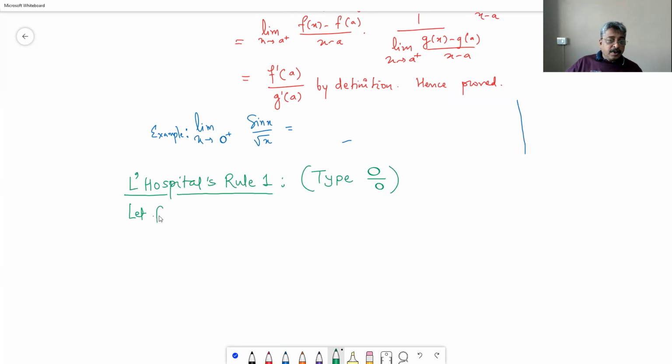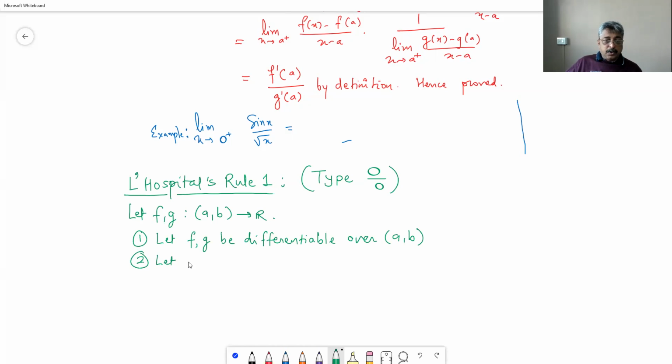Let f comma g be defined from open interval a comma b to R. 1. Let f comma g be differentiable over a comma b. 2.